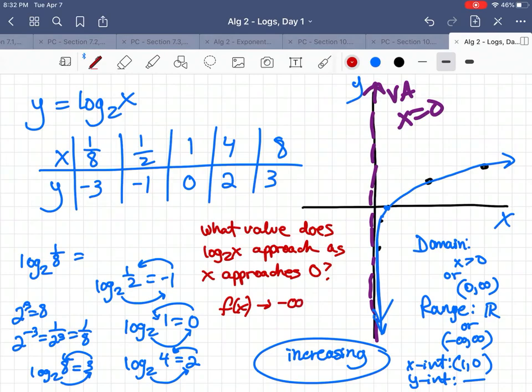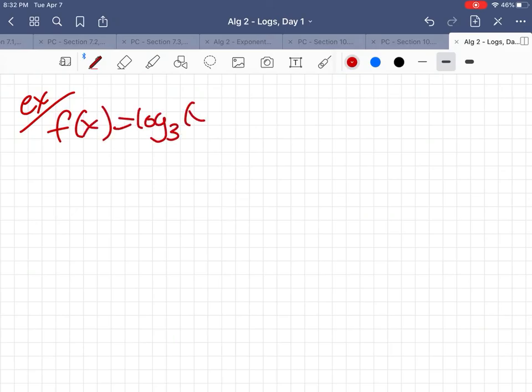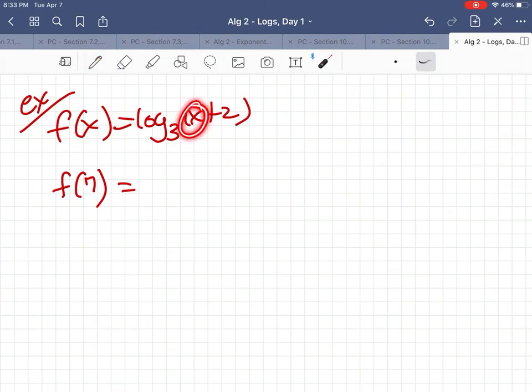Okay. All right, so I got a couple more quick questions for you. Just some little plug-in problems. Last two examples. Let's say I was given this function, f of x equals log base 3 of x plus 2, and I got asked for what is f of 7. Remember, what that means is I'm going to plug 7 in right here.